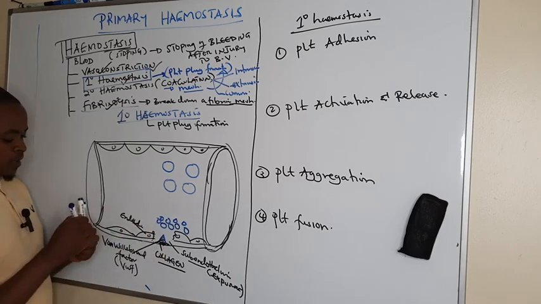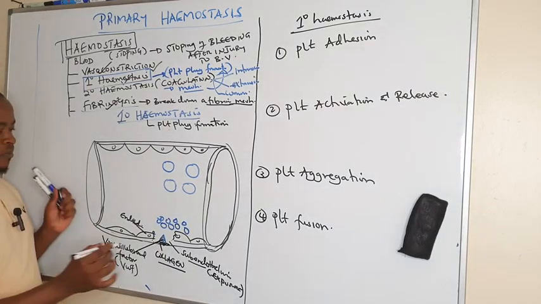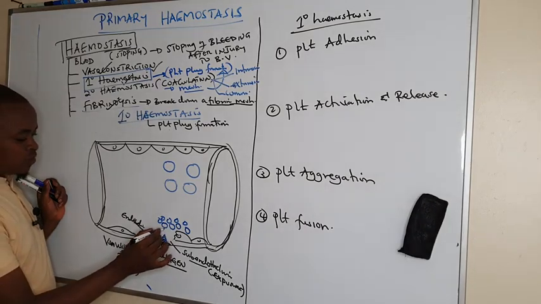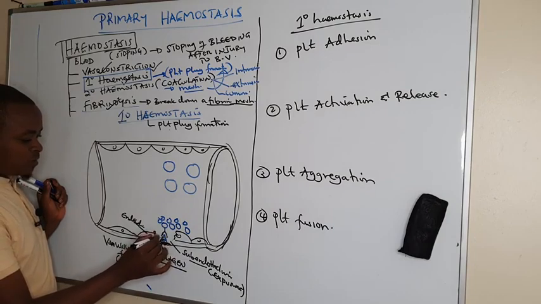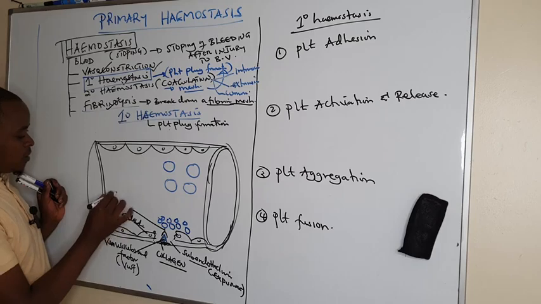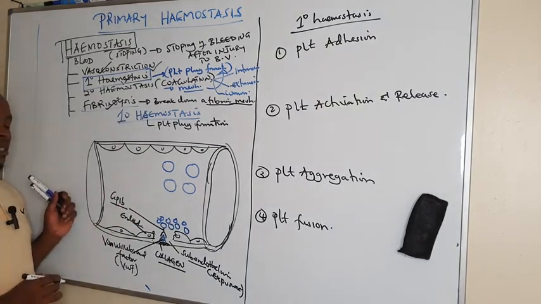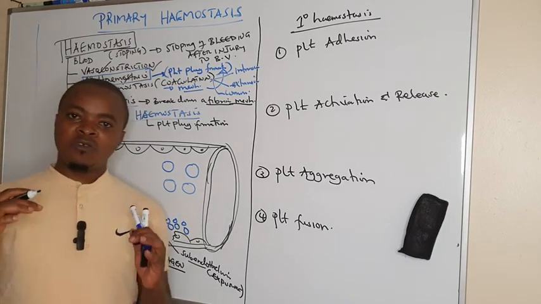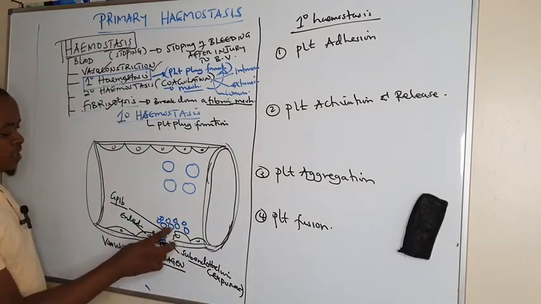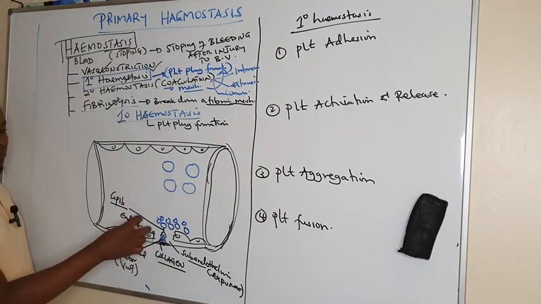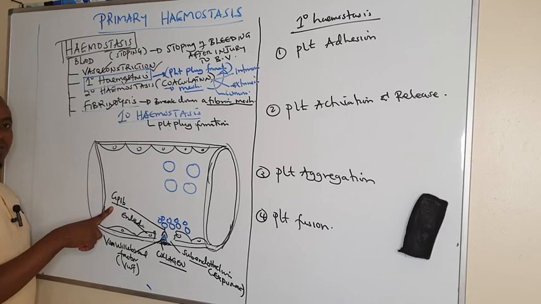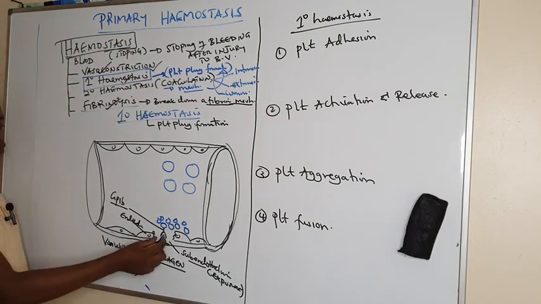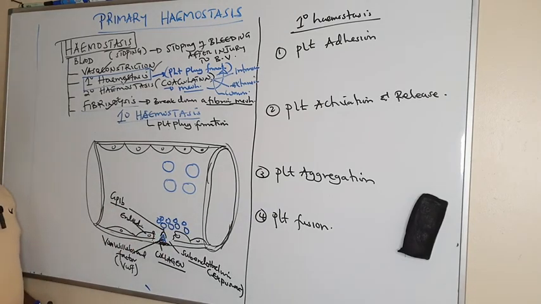These platelets have a receptor known as glycoprotein 1B, found on the platelets. So when they move towards the injured site, they expose their glycoprotein 1B on their surfaces, which they use to attach to the von Willebrand factor.